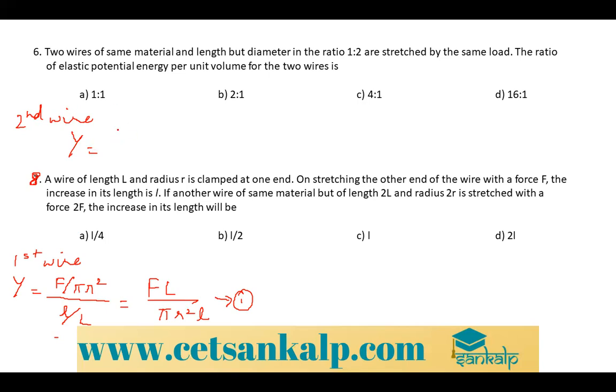So again F becomes 2F divided by pi r square, which is 4r square because it is 2 times, so it will be 4 the whole divided by L. Now the length has been changed, so L dash by 2L.